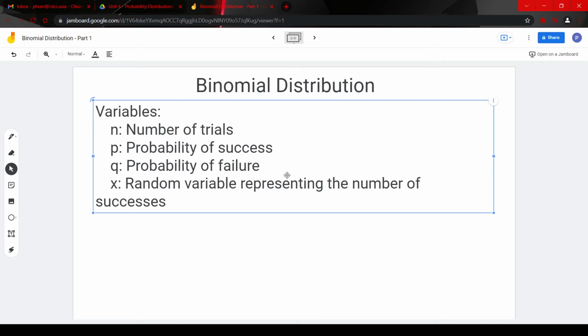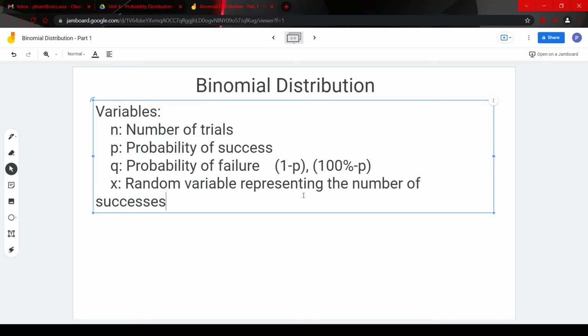Q, the probability of failure, is basically the opposite of a success, right? In this case, if the probability of success is 60%, then the probability of failure will be the opposite of that, right? The rest, which is 40%. And so one way to represent Q is as 1 minus P if you're doing decimals, or 100% minus P if you're doing it in percent.